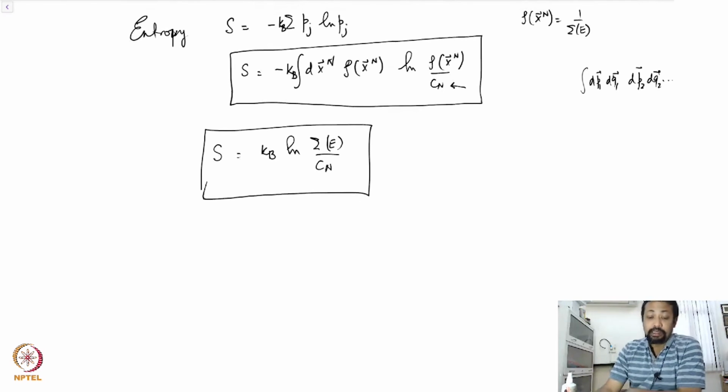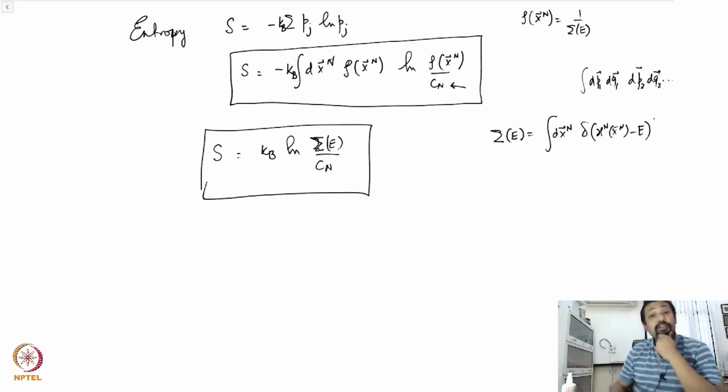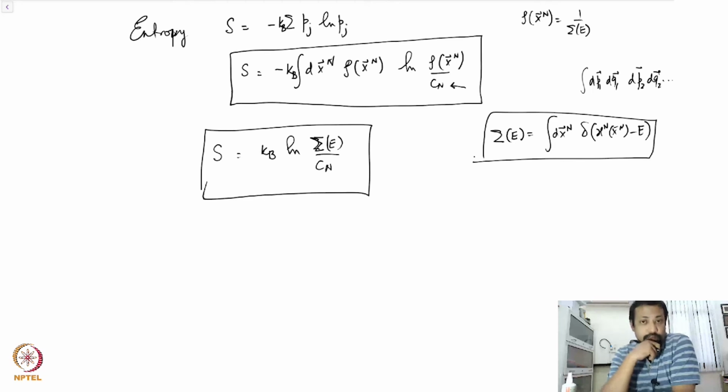Now coming back to this, this quantity is called the structure function and is defined as the integral dxn delta of Hn of xn minus E. You can imagine that for a 6n-dimensional space, it's a notoriously difficult quantity to evaluate. So what do we do?